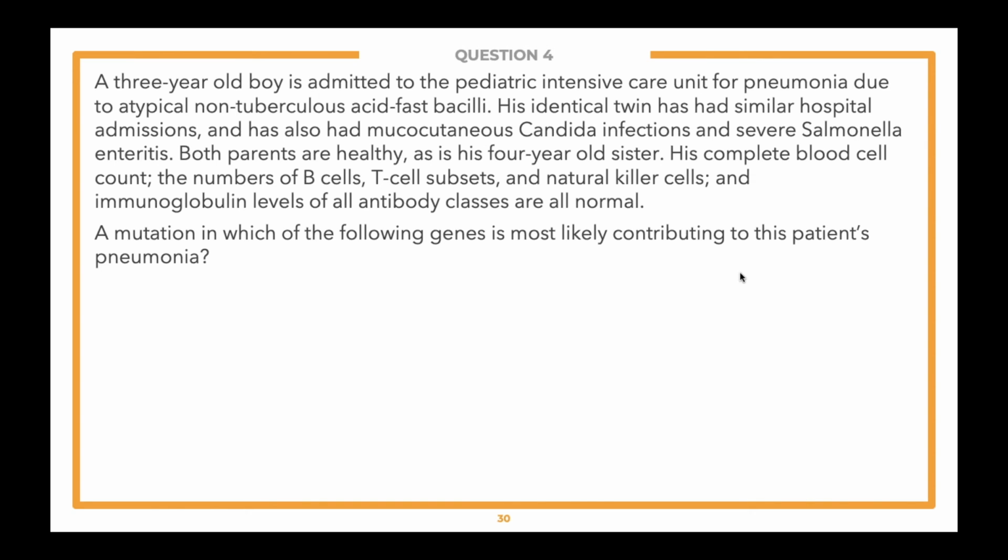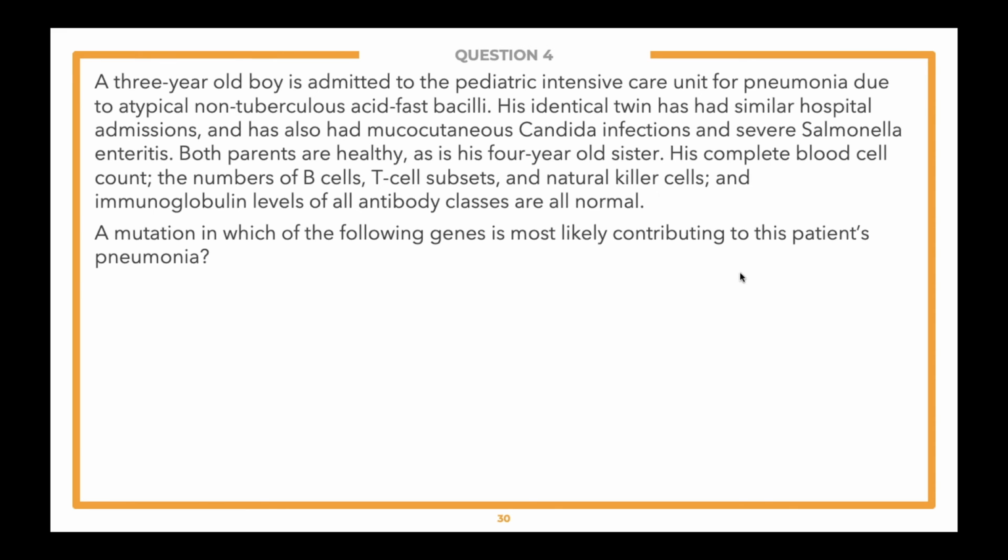A 3-year-old boy is admitted to the pediatric intensive care unit for pneumonia due to atypical non-tuberculous acid-fast bacilli. His identical twin has had similar hospital admissions and also had mucocutaneous candida infections and severe salmonella enteritis.